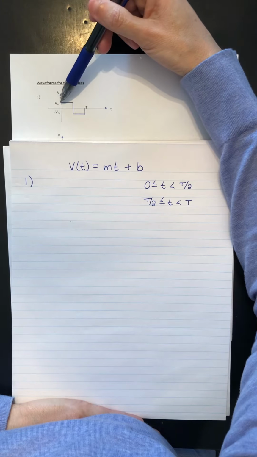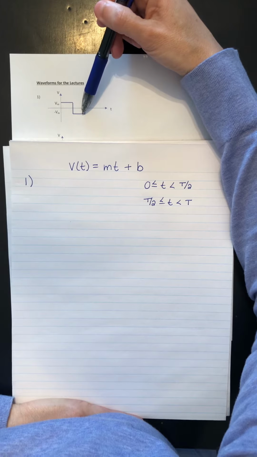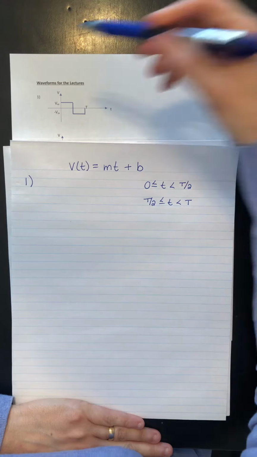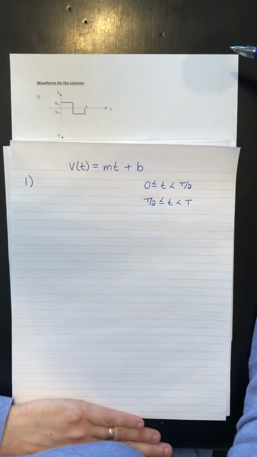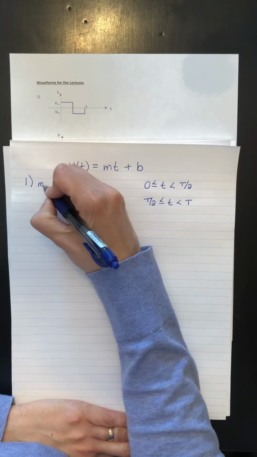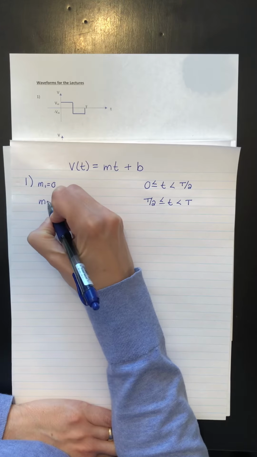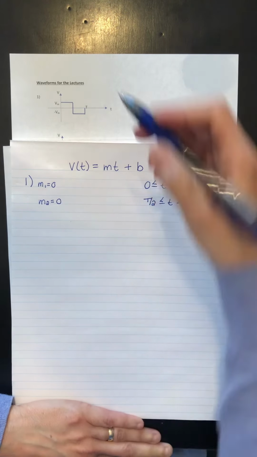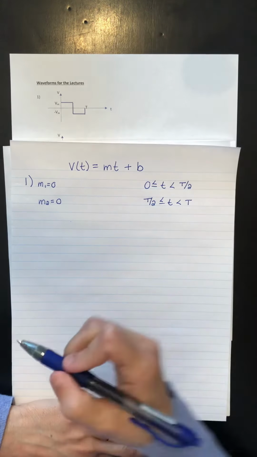For this first half cycle and this second half cycle, we are going to have 0 for our slope because these, of course, are horizontal lines. So each piece there, I'm going to write here M1 is 0, M2 is also 0. So the slope of the first line, the slope of the second line.